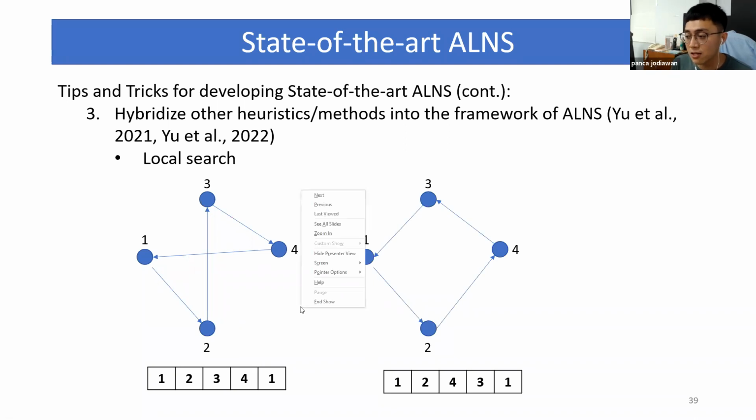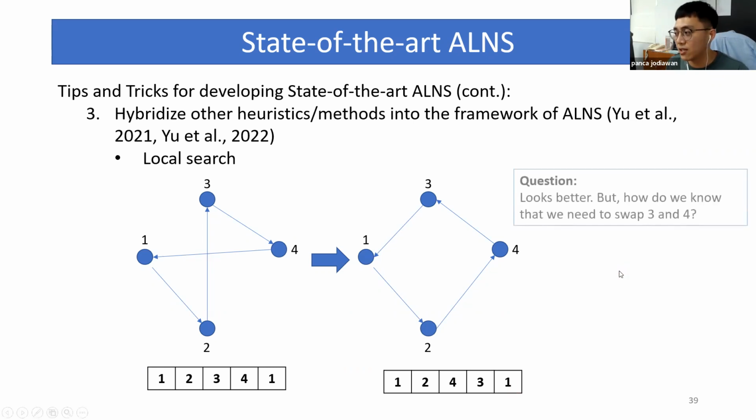If we take a look at the solution representation, 1 2 3 4 1 becomes 1 2 4 3 1. From the solution representation, what we need to do is only to swap the position of 3 and 4. First the sequence is 3 to 4, and now the sequence is 4 to 3. That is the concept. The local search can further improve the results of the ALNS, but how do we know that we need to swap 3 and 4, right?